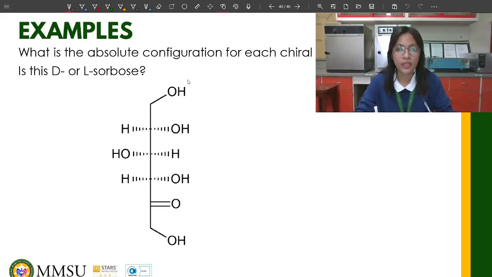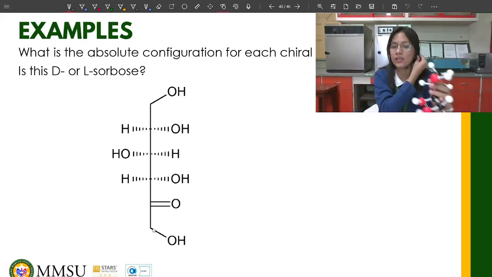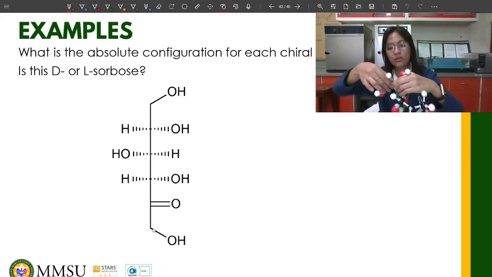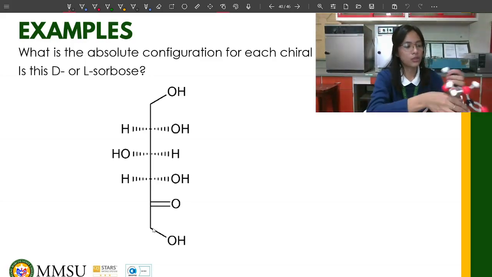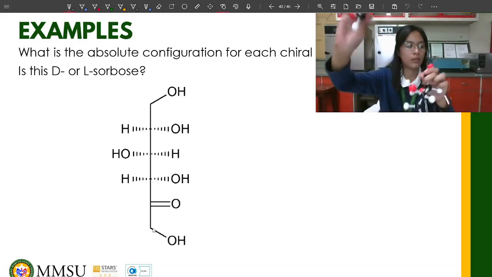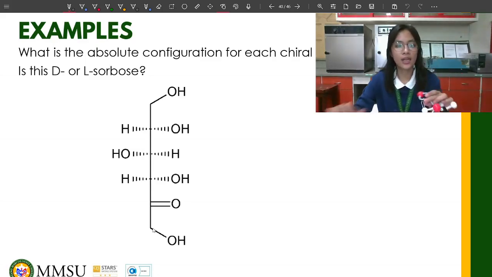So, pwede muna nating tanggalin, in the meantime, yung CH2OH na nasa taas, kasi medyo nagulo dito eh. Tanggalin ko to. Ito yung CH2OH. And then yung CH2OH sa baba, tanggalin natin muna. So, ang natitira na lang is the C double bond O and then yung tatlong chiral carbons mo.